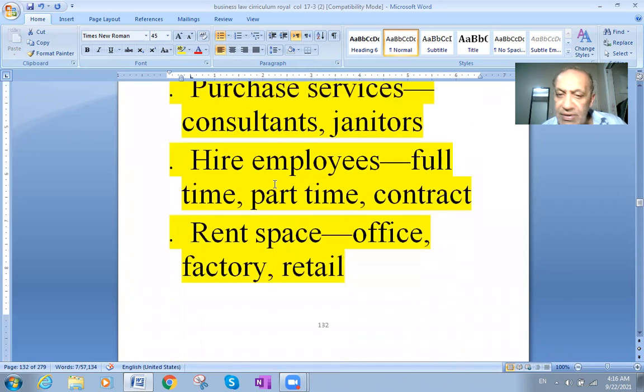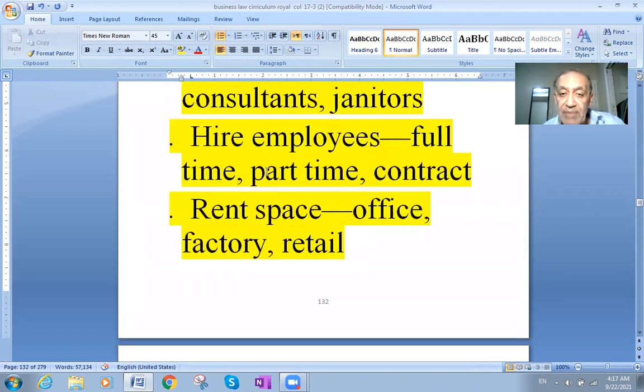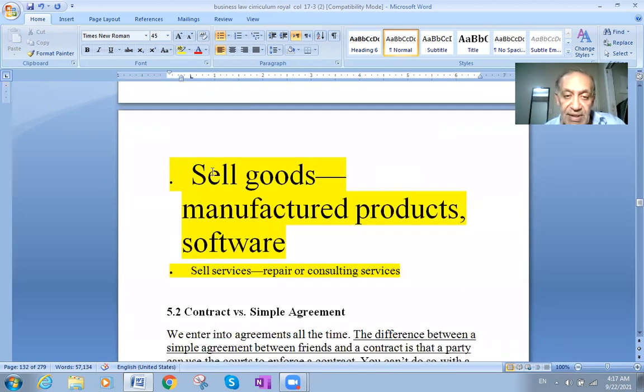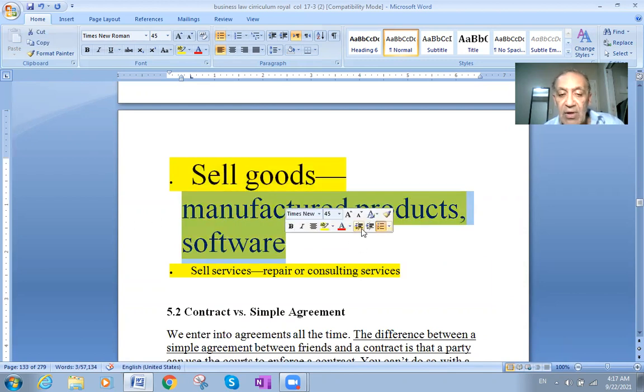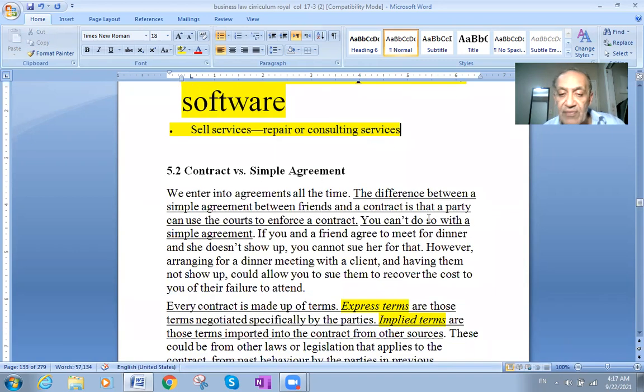Rent space or office, factory, retail, part-time contract or full-time contract. Those are all contracts. Sell goods, manufacture product, software, and repair consulting services. Also, this is another kind of contracts.